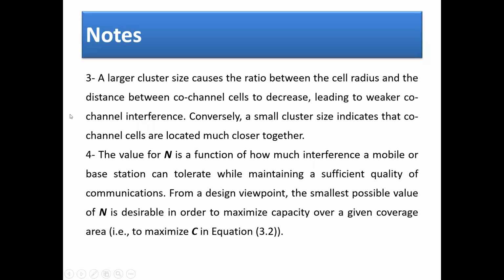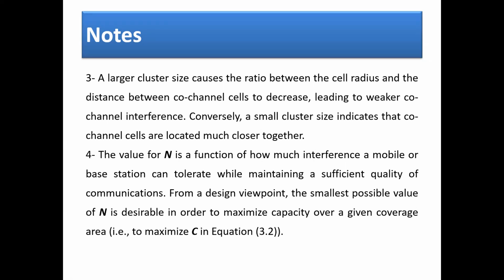Now, a larger cluster size causes the ratio between the cell radius and the distance between co-channel cells to decrease, leading to weaker co-channel interference. Conversely, a smaller cluster size indicates that the co-channel cells are located much closer together.